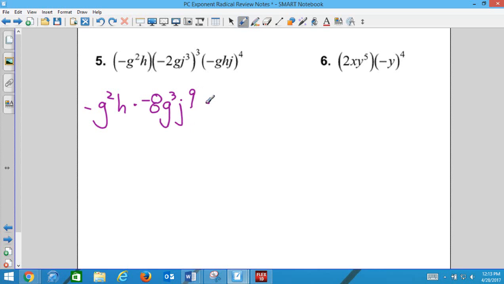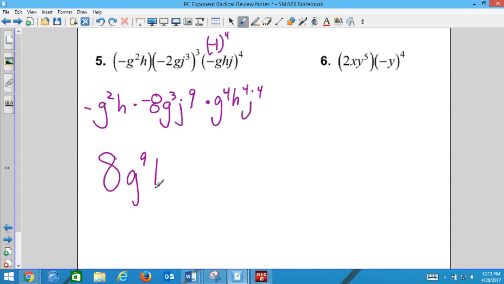Then that last parenthesis. What number is in front? It's a negative 1. So you have to remember when you're doing the 4th power, you have to do that to the negative 1 also, because what happens to negative 1 to the 4th? It's a positive. So you'll have a wrong answer if you don't remember about that. And then we have g to the 4th, h to the 4th, j to the 4th. And when we combine everything, we end up getting a positive 8, g to the 9th, h to the 5th, and j to the 13th.